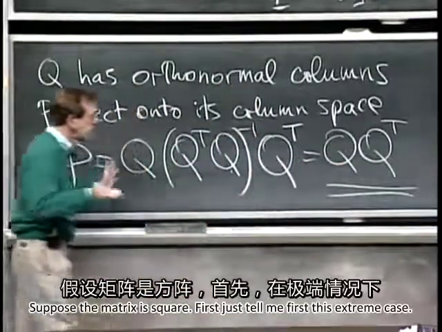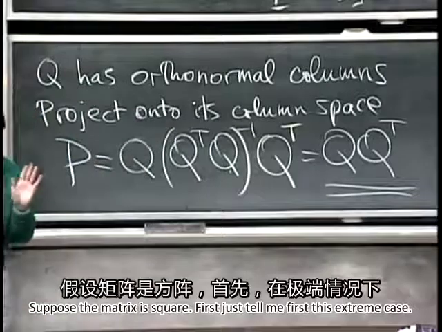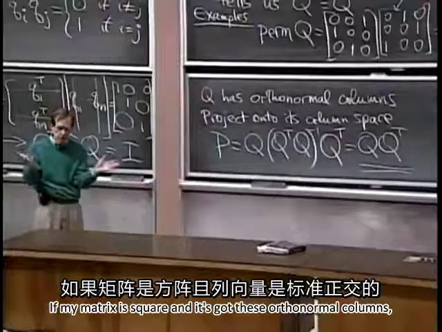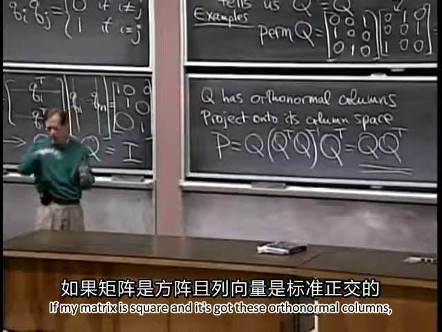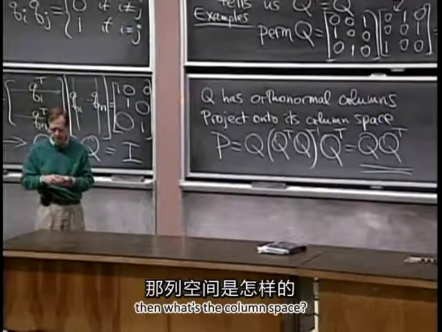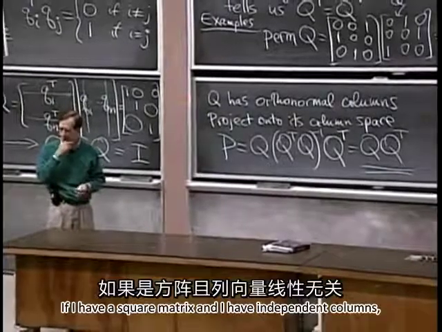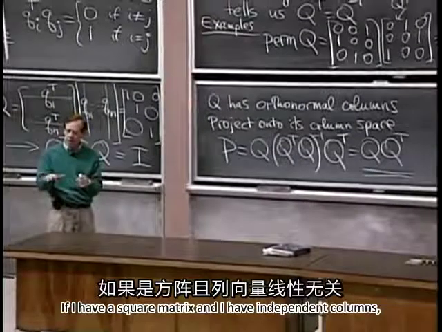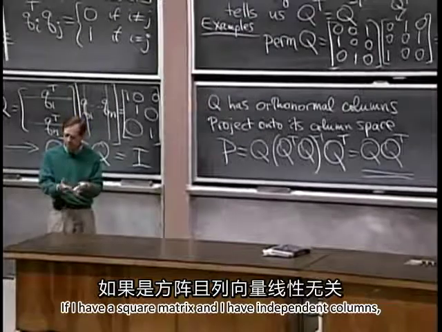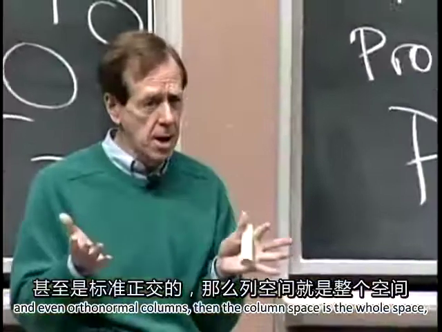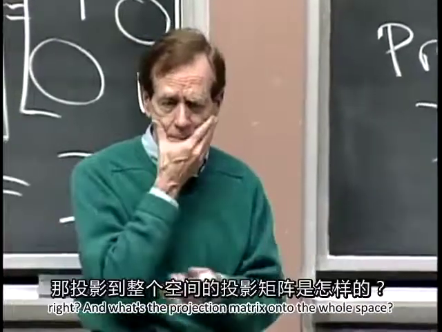Suppose the matrix is square. First, just tell me this extreme case. If my matrix is square, and it's got these orthonormal columns, then what's the column space? If I have a square matrix, and I have independent columns, and even orthonormal columns, then the column space is the whole space, right?